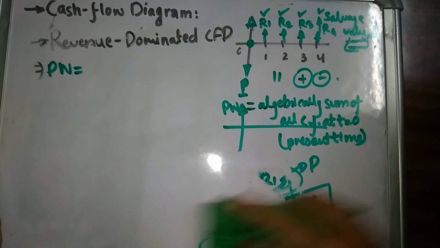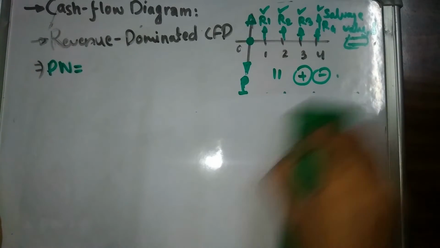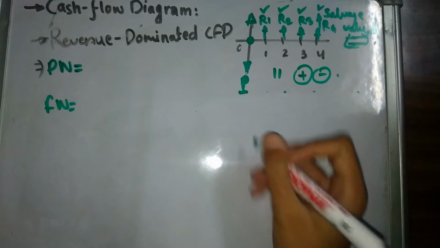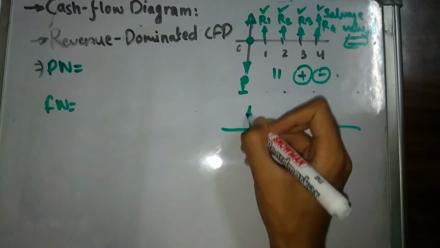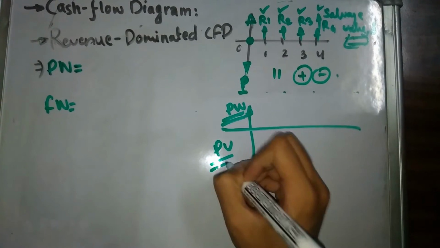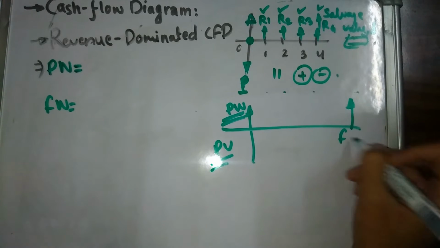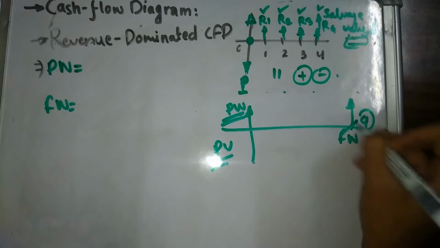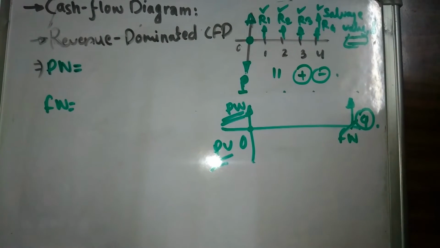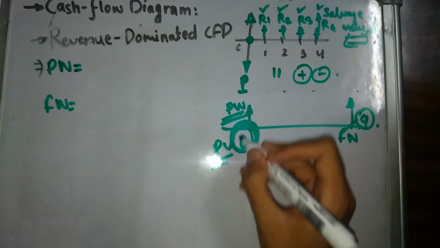So let me just rub all this and let me write down the formula for present worth. And we have our future worth as well. Future worth is known as FW. For this cash flow, present worth means finding all the present values at time t equals 0. If we find the value of all the cash flows at time t equals 0, which is our present time, it is going to be known as present worth.